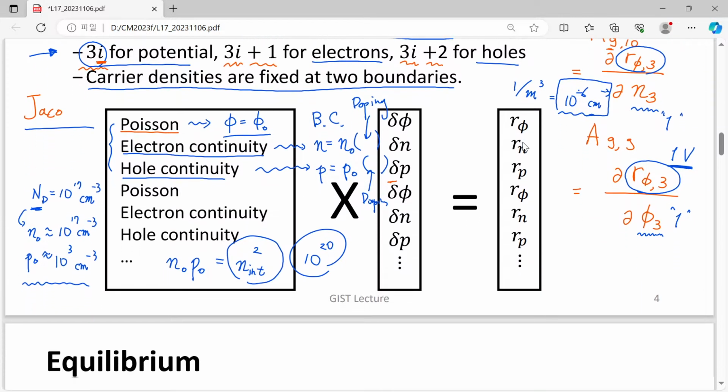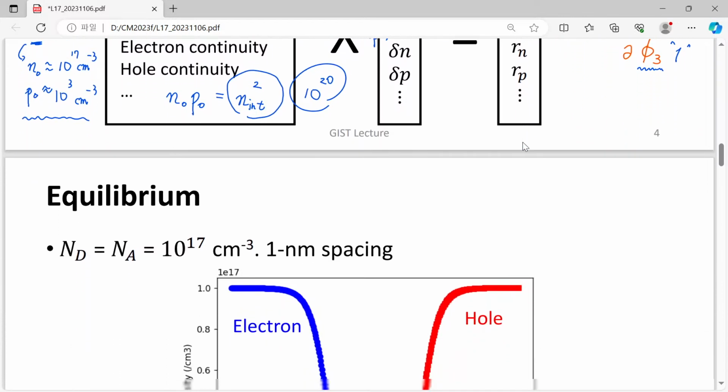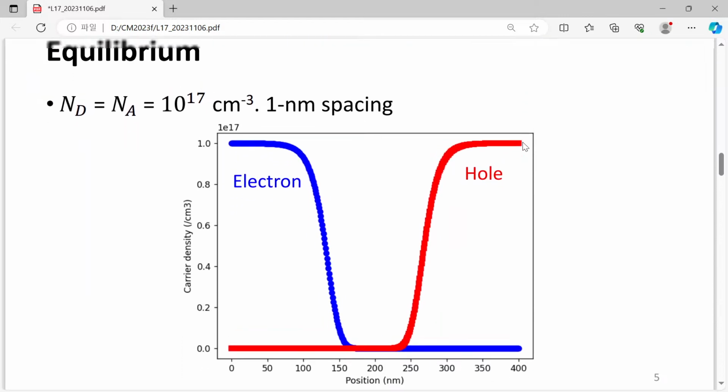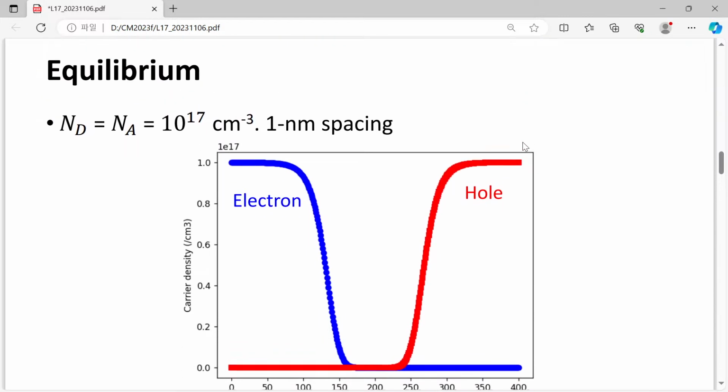Then let's go to the next slide. So I assume that fortunately you can implement this problem without any difficulty. That is my assumption, and once again this is your task to reproduce these graphs.